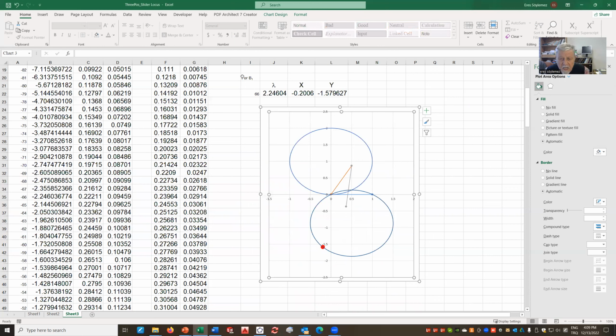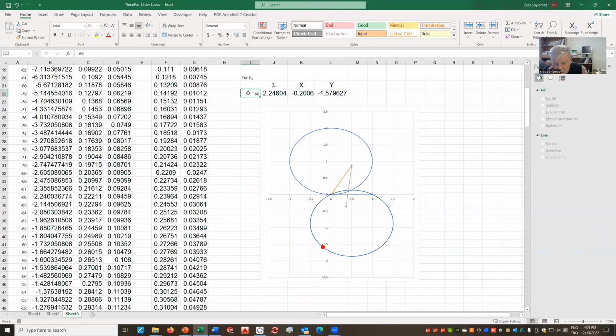Now I have that point, and I can change the location of that point just simply by changing 65. Please do not expect those points to be changing regularly. If you want to find something in between 65.5, you can do it, or 64, or 70.